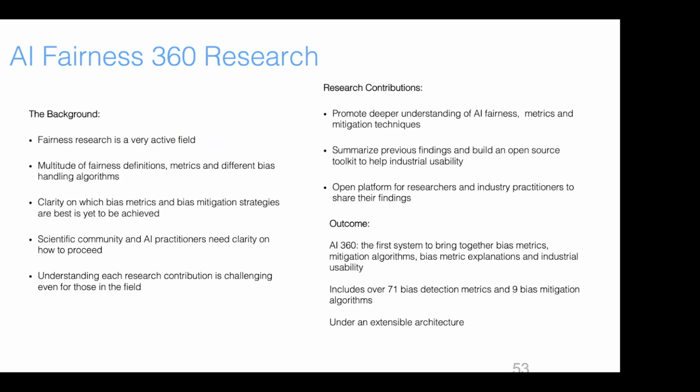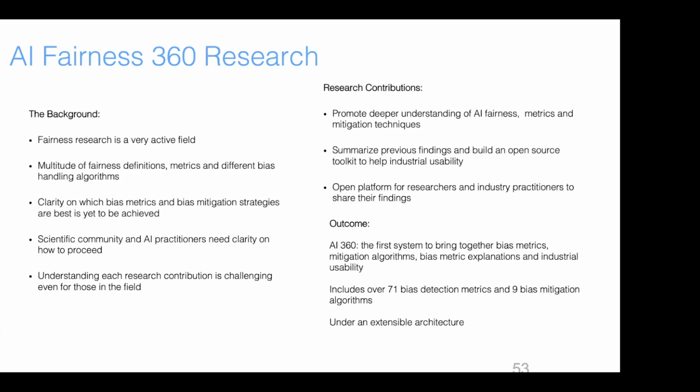Okay, now I wanted to speak a little bit more about the research background itself regarding AI Fairness 360. IBM published the research last year, around October 2018. As for the background, there are already so many research studies out there. Fairness research is a very active field right now, and there are a lot of fairness definitions, metrics, how to measure it, and a lot of different algorithms as to how to handle the bias.